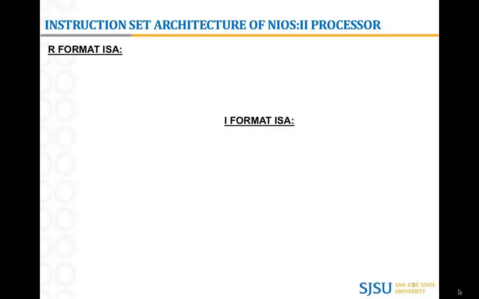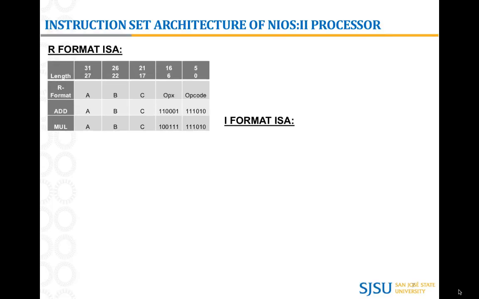Instruction set architecture of the NEOS2 processor: the R format instruction set architecture, what the opcode is, and what the bit fields consist of. It consists of 32 bits, as it is a 32-bit architecture. You can see the R format consists of 31 to 27 of A, 26 to 22 of B, 21 to 17 of C, and 16 to 6 of OPX, and 5 down to 0 is the opcode.